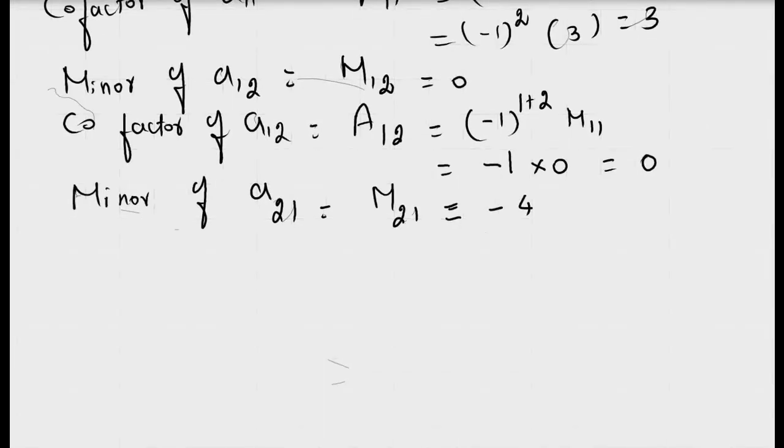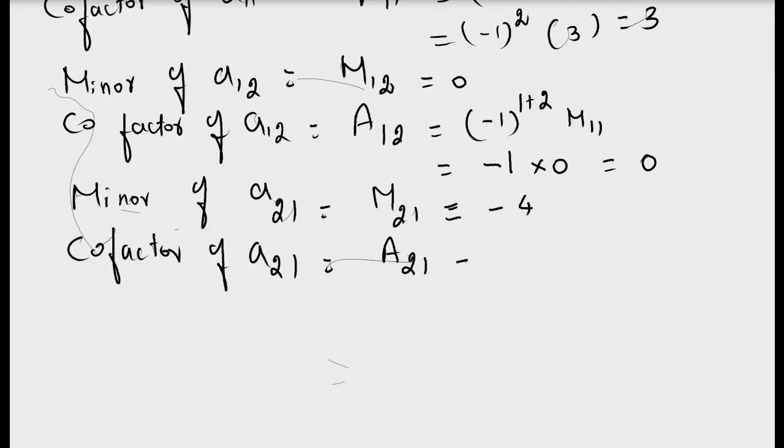Now to find the cofactor of a21, A21 is equal to minus 1 to the power of 2 plus 1 times M21, which is minus 1 to the power of 3, which is minus 1 into minus 4, that gives you 4.